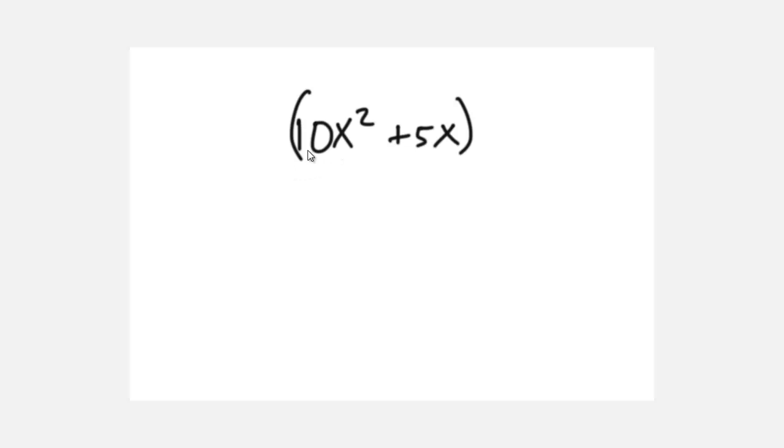Alright, let's take a look at this one. We have 10x squared plus 5x. So what can we pull out from the binomial? A common factor. Well, we know that the 5 goes into both the 10x squared and the 5x, so we can pull out the 5. And we can also pull out the x, since there's an x for the 10x squared and there's an x for the 5x.